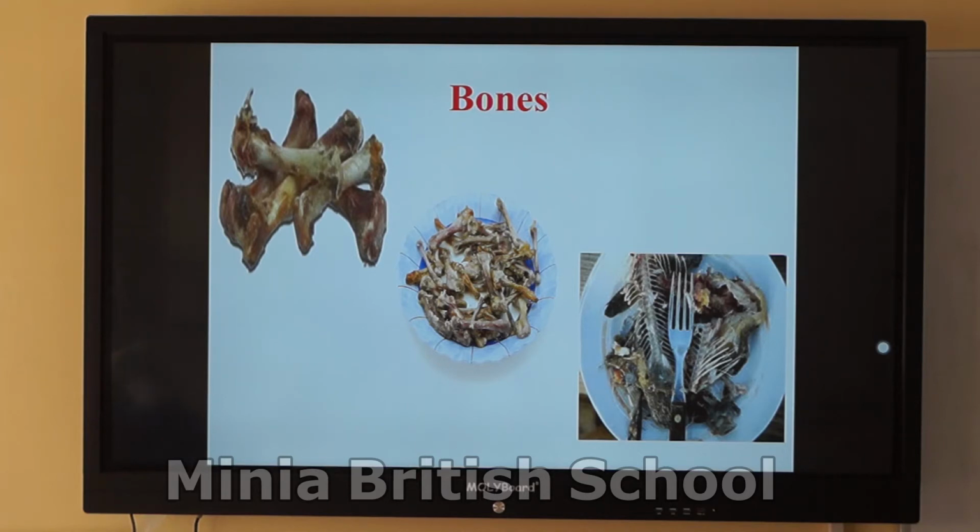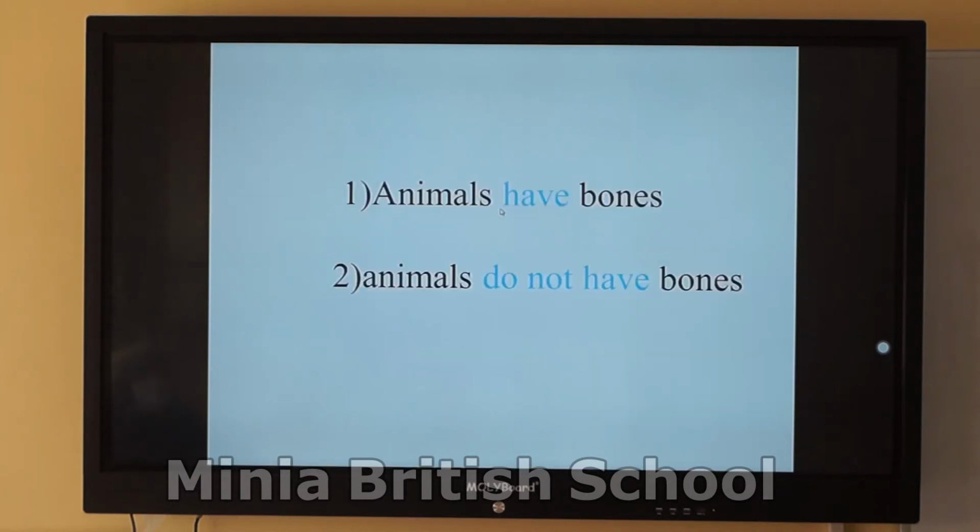I can divide animals according to having bones into two groups: animals that have bones and animals that do not have bones. It's so easy. The first group have bones. The second one do not have bones.